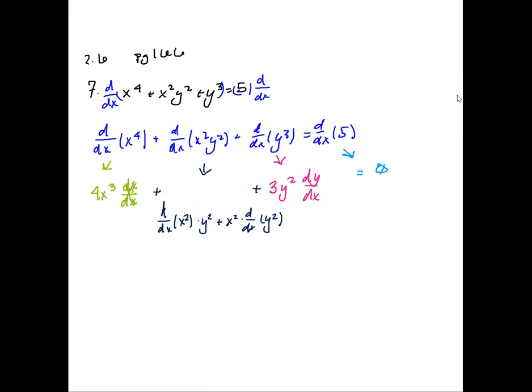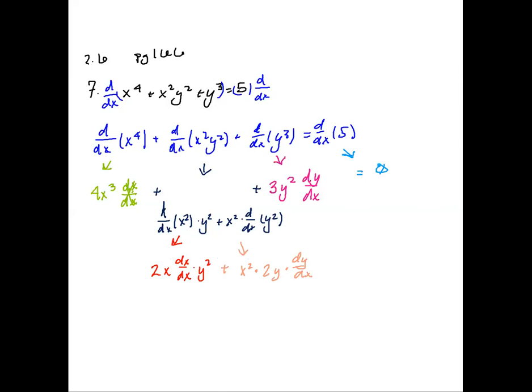So this gets broken down further into 2x dx dx times y squared, plus x squared times 2y times dy dx.